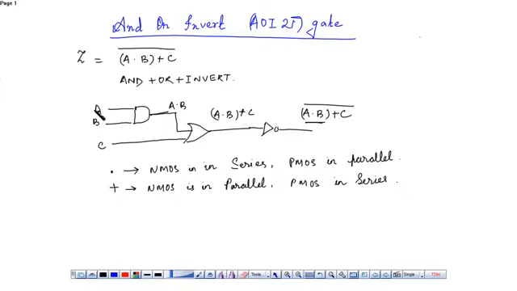So since there are 3 inputs, we need 3 PMOS and 3 NMOS. Out of these, for A dot B, that is NMOS in series, so we'll have 2 NMOS in series and 1 in parallel.